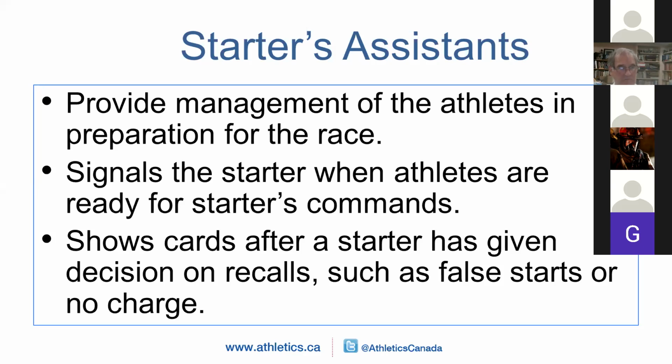Pretty well any meet now that's provincial or above will have a photo finish. Typically it's a starter assistant who will have a radio or some other way of communicating with photo finish, so the photo finish will know what race it is, who's in it, and so on. Once the starter assistant has all of that recorded, they will signal the starter that all are ready.